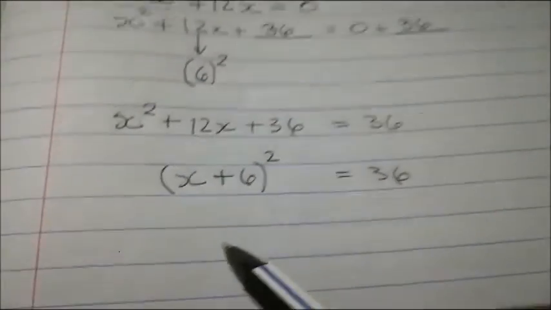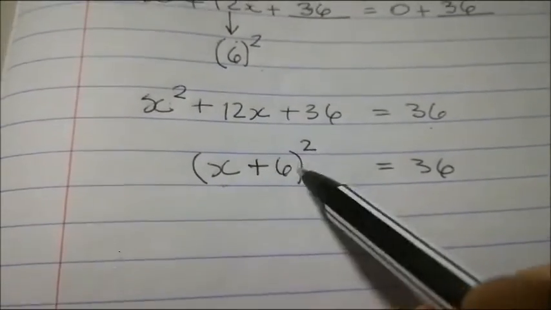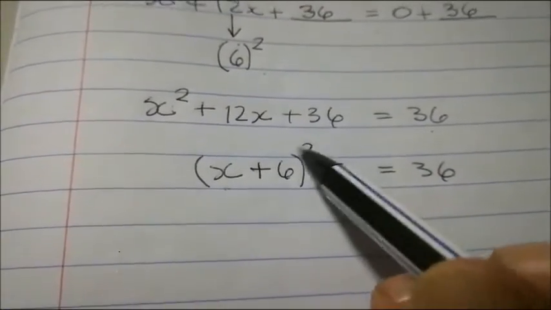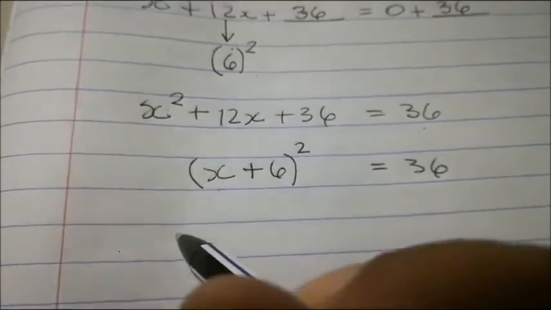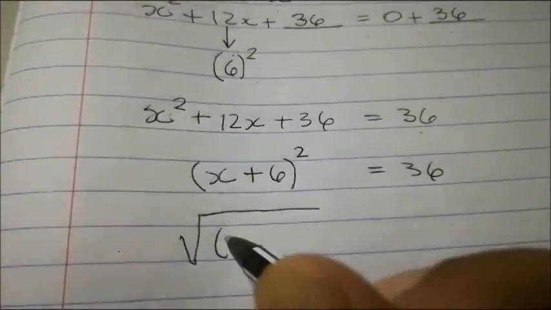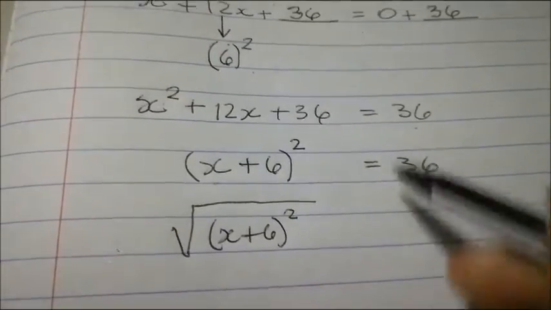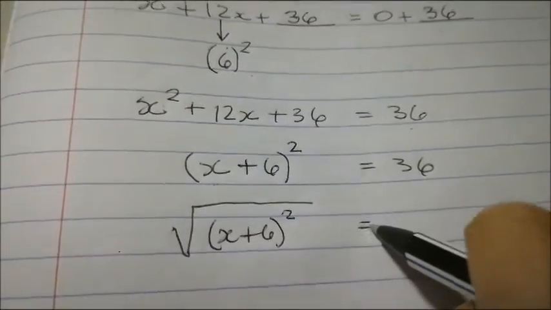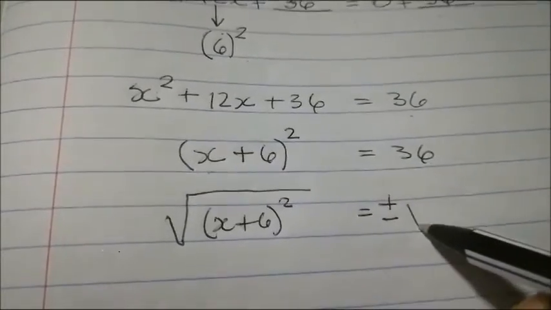Our next step, remember, we want to solve for x now. So we have to get rid of this second power. How do we get rid of the second power? We have to find the square root of everything. That means it's going to be x plus 6 squared. We also have to find the square root of this, but we're going to have to put plus or minus the square root of 36.